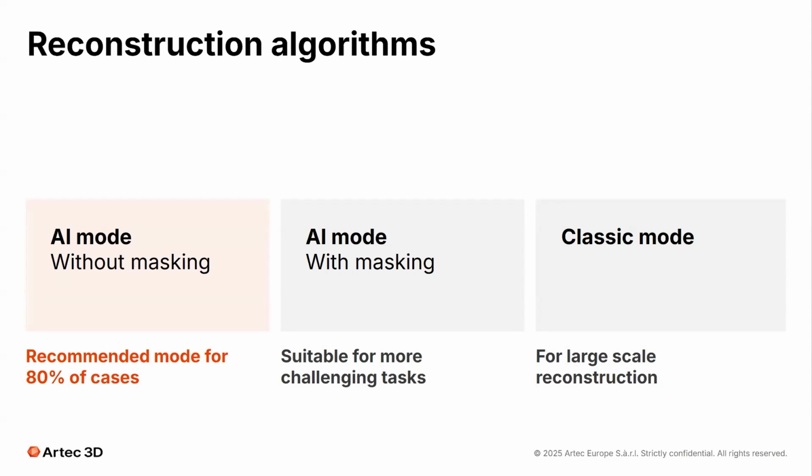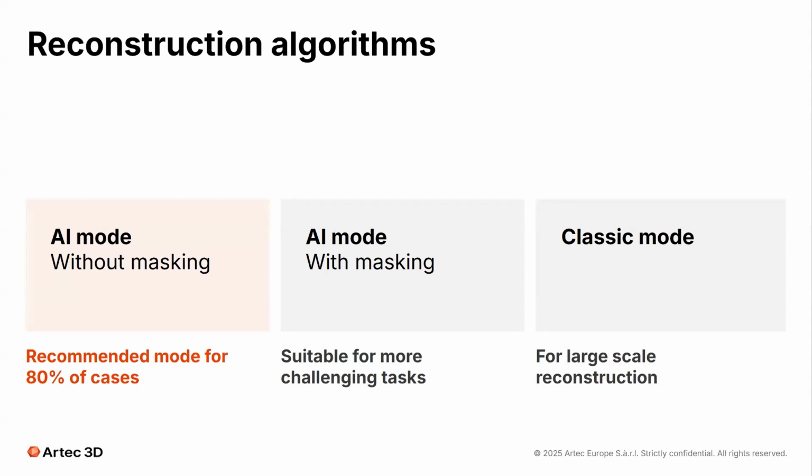We recommend this mode for 80% of the cases. Generally, all the objects which you are scanning in a single orientation, which have small to medium size, for them we would recommend to use the AI mode without masking.